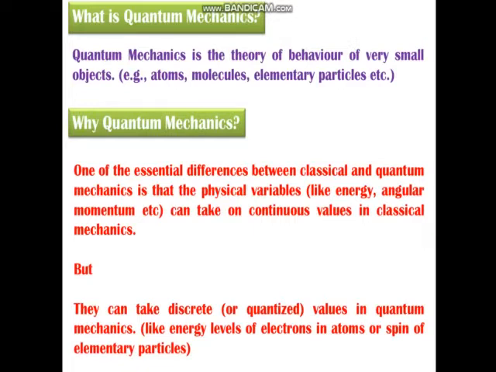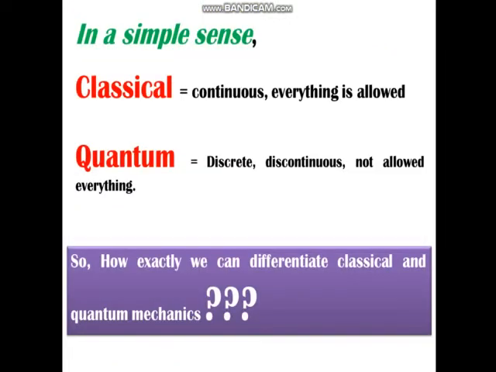One of the essential differences between classical and quantum mechanics is that physical variables like energy, angular momentum, position, etc. can take continuous values in classical mechanics, that is, the trajectory motion of a particle. But they can take discrete or quantized values in quantum mechanics, for example the energy levels in atoms or the spin of elementary particles.